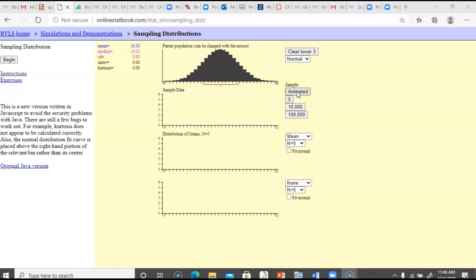We want to select samples of a given size, and in this case, we're going to be working with samples of size 5. So I'm going to draw 5 samples. You saw that from this population, we selected 5 different values, and then the mean of those 5 values was plotted on this graph here.